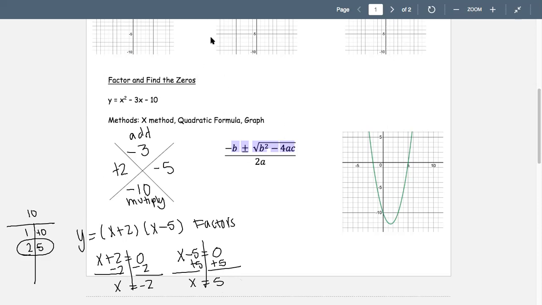Would someone kindly tell me what to write in here? Well, first of all, our A is 1, our B is -3, and our C is -10. All right, Alexa, can you go ahead?